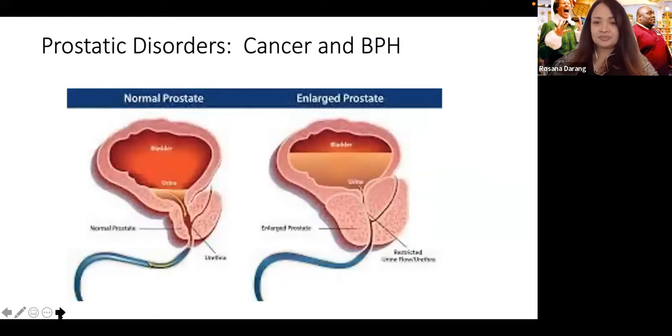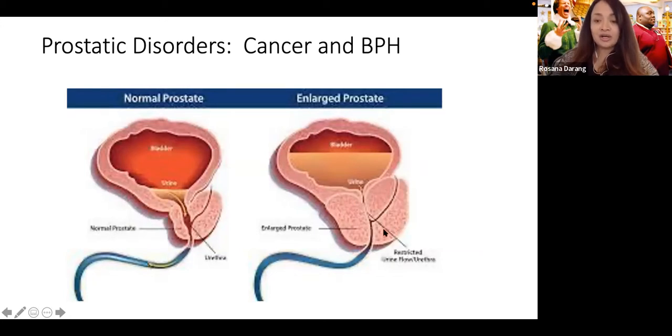Speaking of cancer still, we have here cancer of the prostate, okay? So as we know, the prostate is a gland that surrounds the first part of the urethra. Now, whether it's cancer or the other condition, benign prostatic hypertrophy, BPH, the signs and symptoms of these two are actually similar because the organ affected is the same.